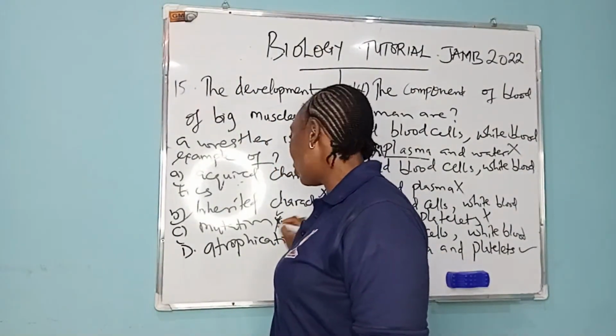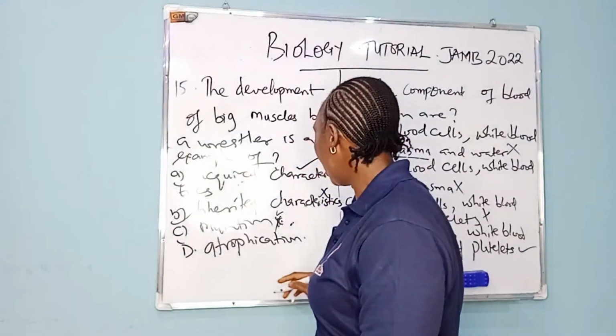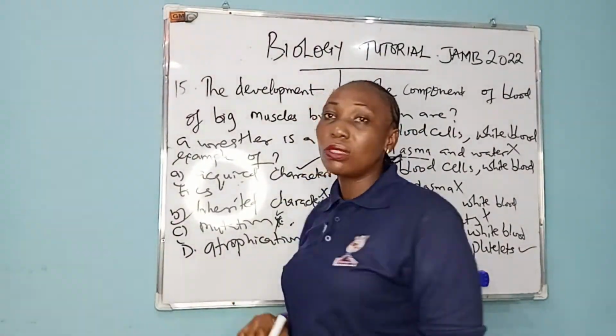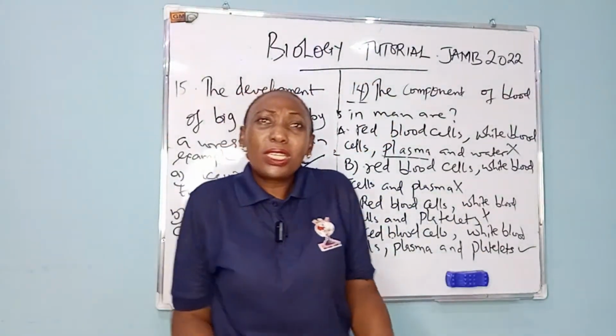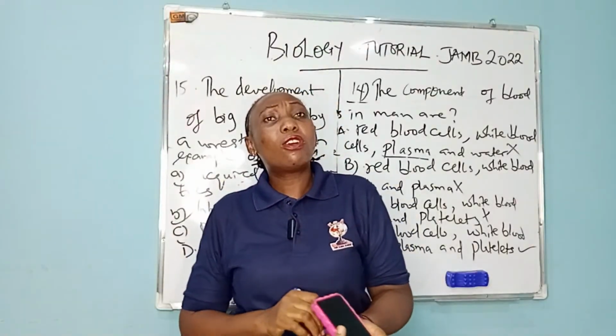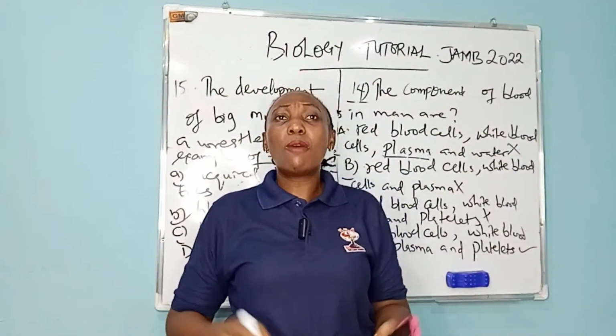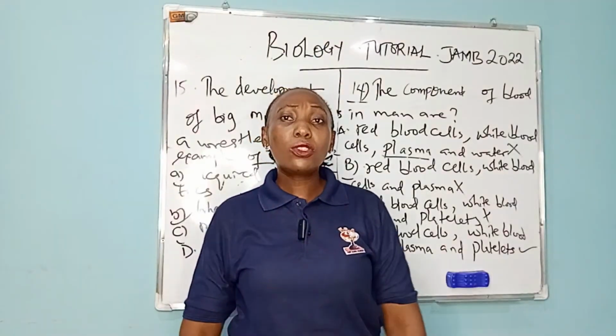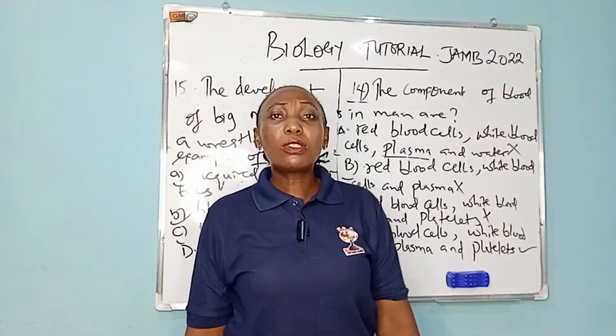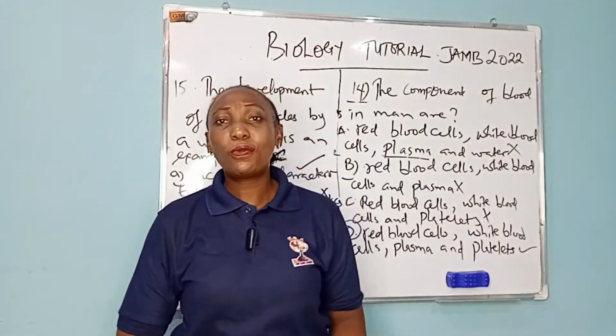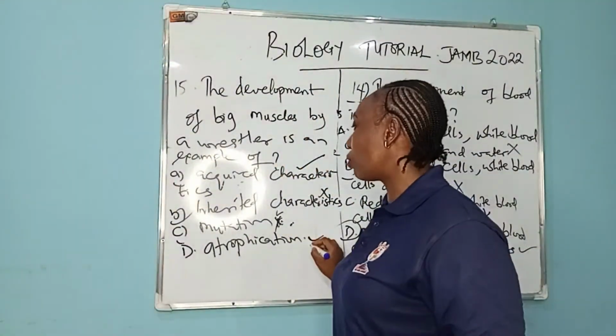That is mutation, variations in the DNA. Then atrophication. Atrophication is simply the shrinking of muscles. Instead of growing, it is the opposite of growth. Our muscles grow, but when the muscles begin to shrink, that phenomenon is termed atrophication.